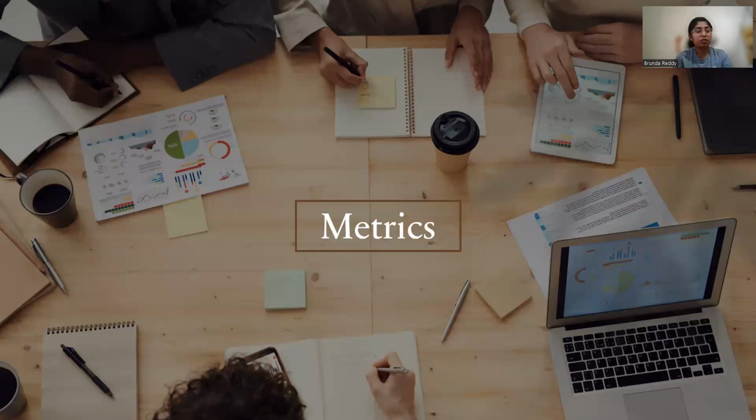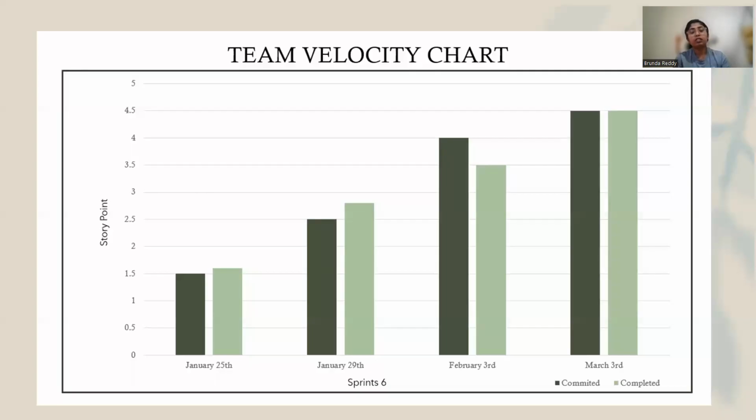So here are the metrics. This is the team velocity chart that represents the graph of sprints which are completed. Here the dark green one indicates the amount of work done and started, and the light green indicates the work done during the sprint with the story points.